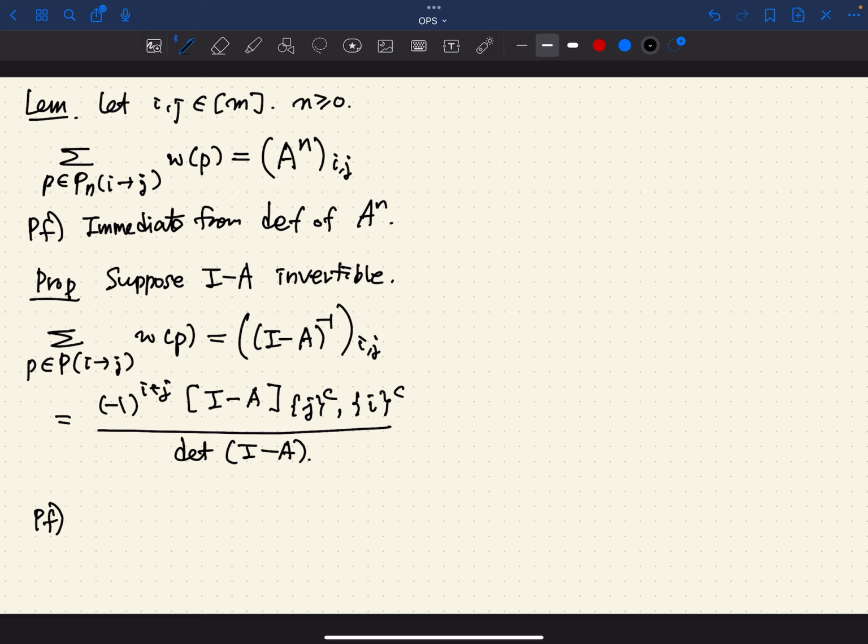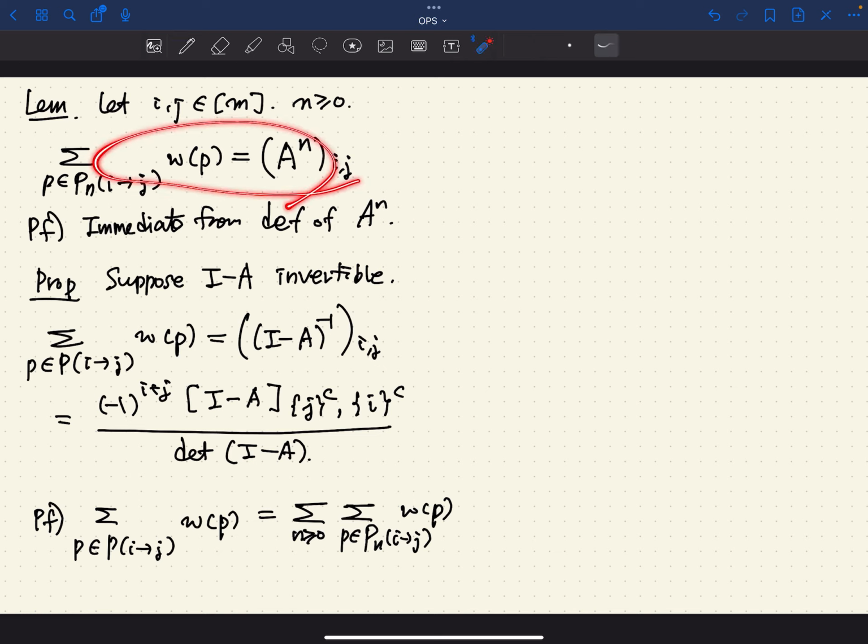But the proof is quite simple, because what does this mean? You basically consider all possible lengths n, and then you look at paths of length n, like this, right?